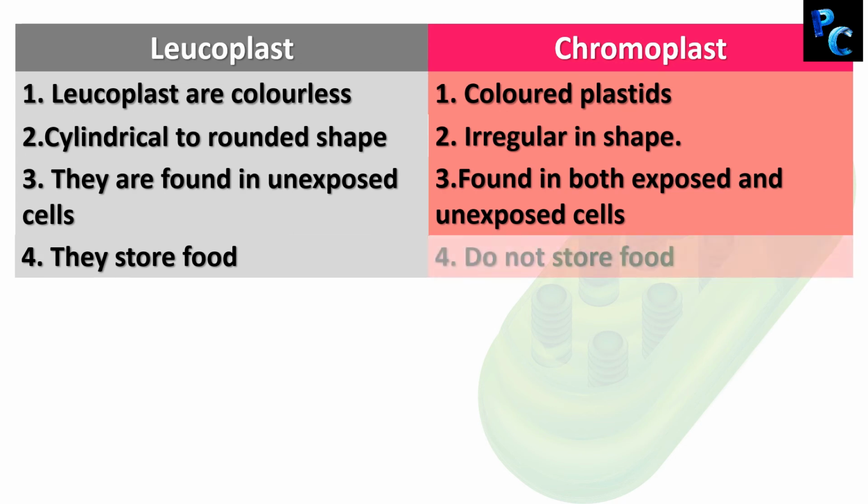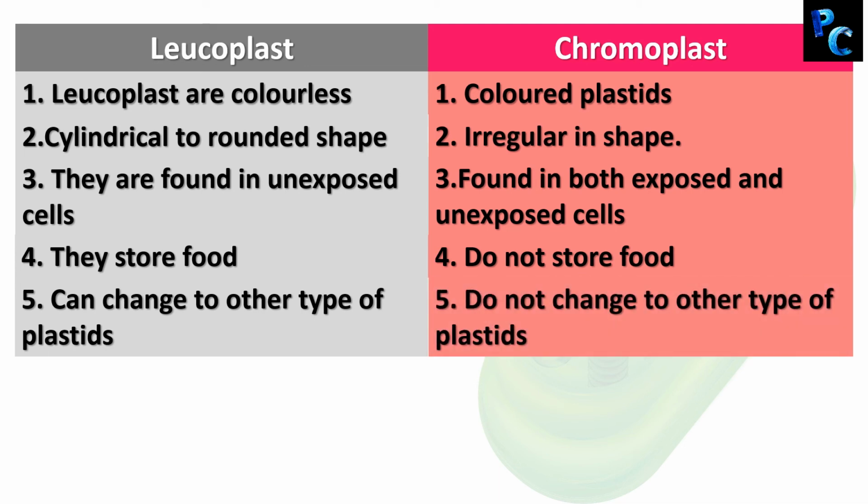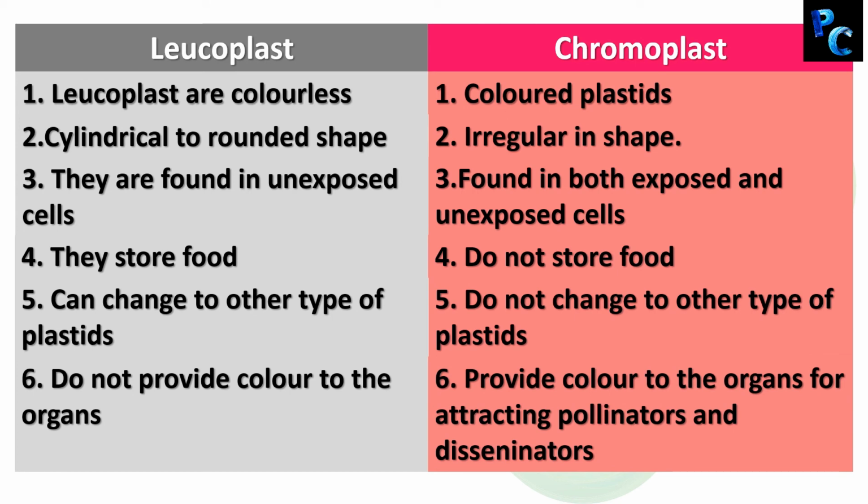Leucoplasts store food. Chromoplasts do not store food. Leucoplasts can change to other type of plastids. Chromoplasts do not change into other type of plastids. Leucoplasts do not provide color to the organs. Chromoplasts provide color to the organs and thus attract pollinators and disseminators.